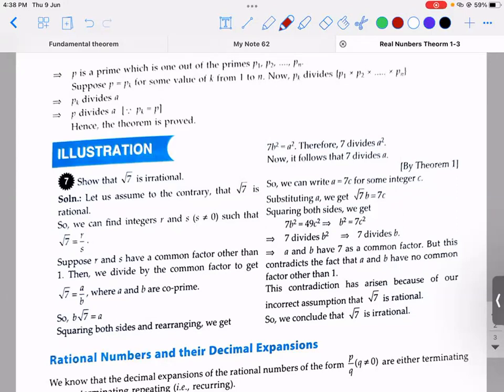So first we will assume that root 7 is a rational number. Is there anyone who needs help? You can do it. Write with clear steps.